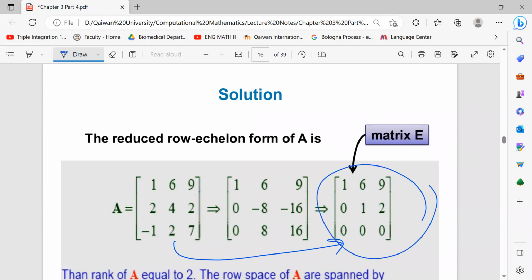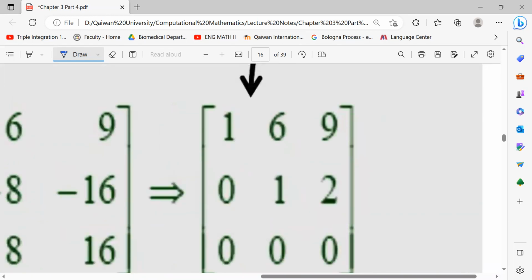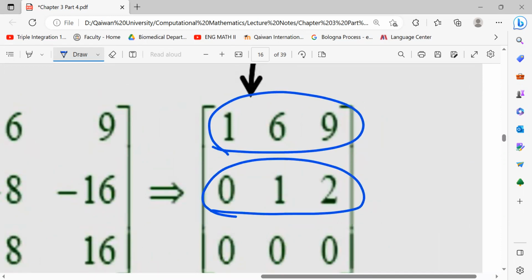That's it. In this matrix, how many non-zero rows do we have? 2. So these two rows become bases. Let's say R1, R2.